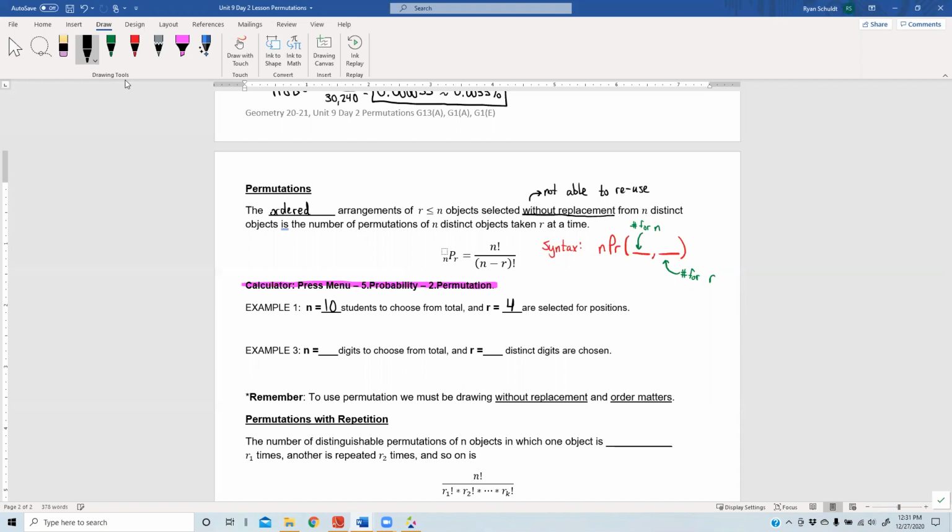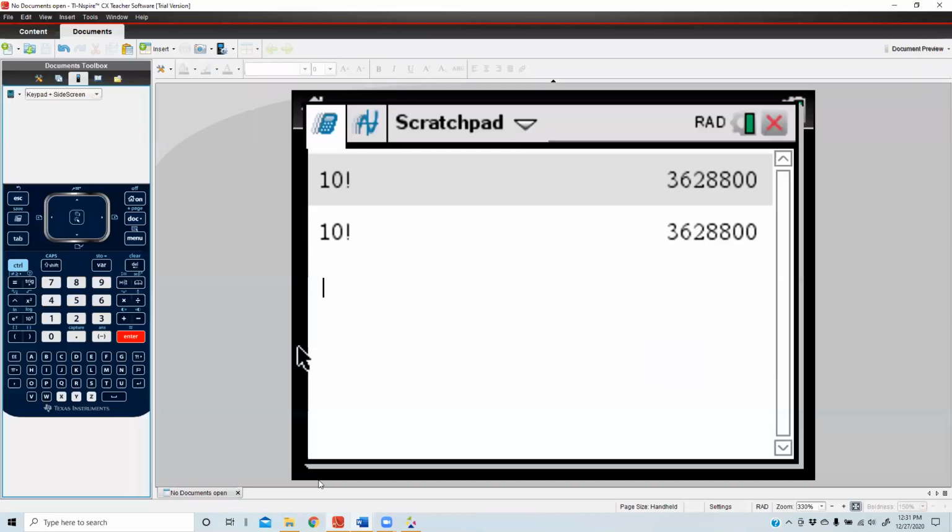So on your calculator, you could do NPR, so permutation, and do it to where the first blank, remember, is your N. So we pick 10. R is how many positions? There's 4 positions.